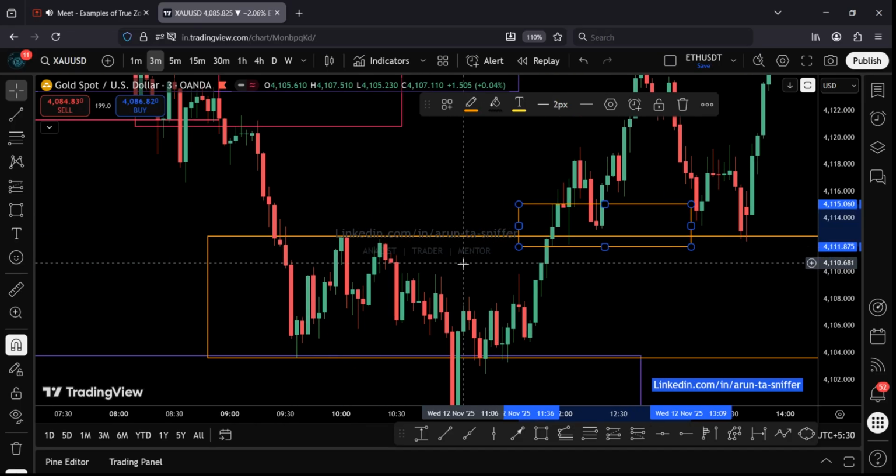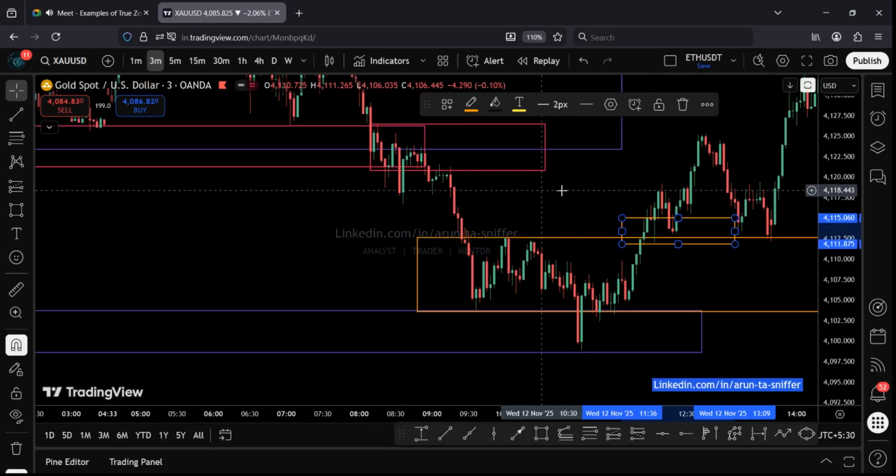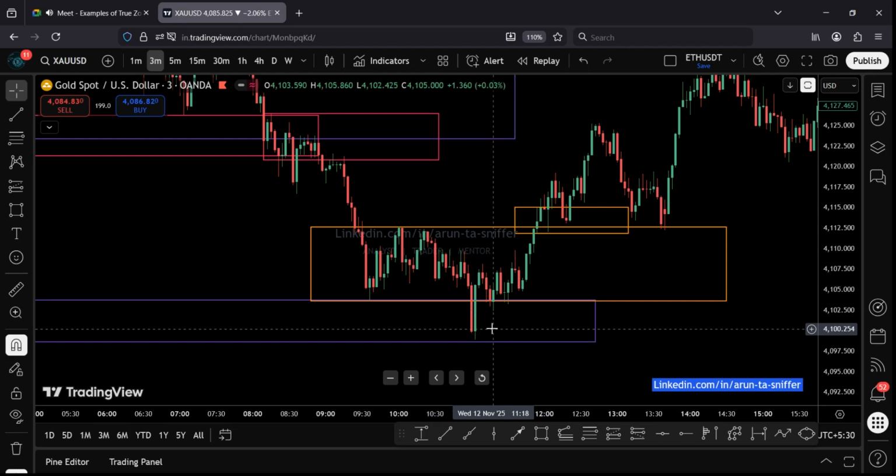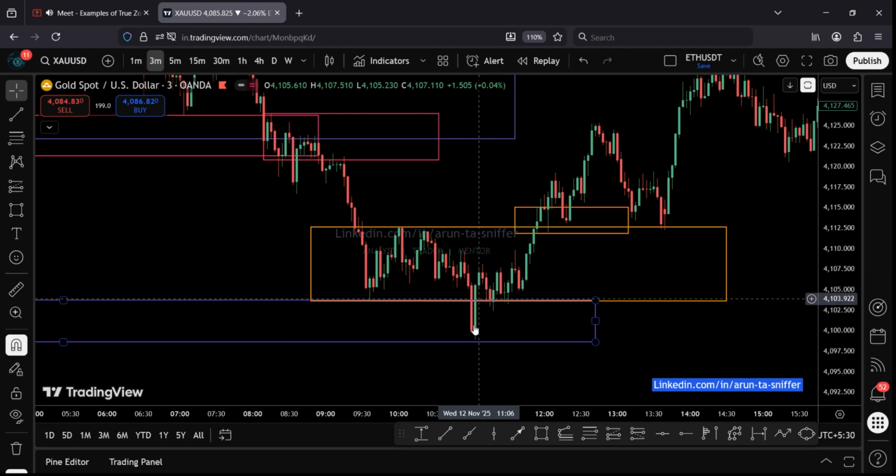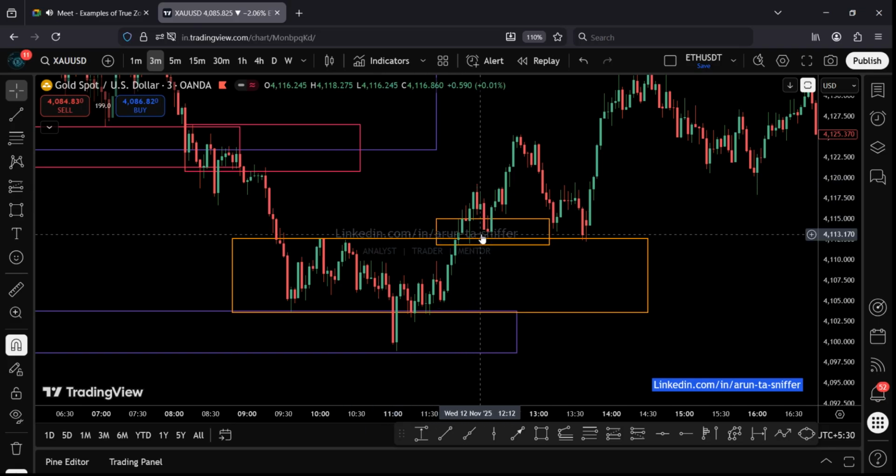And this is RSFL. Why? This is hitting the true zone and we have a bullish engulfing here and price coming back quickly, so we can trade this as a setup as well.